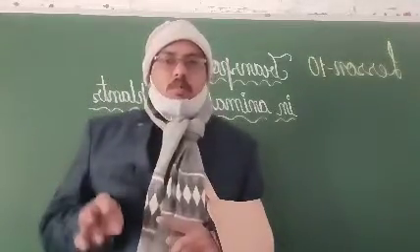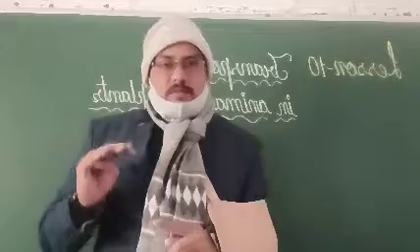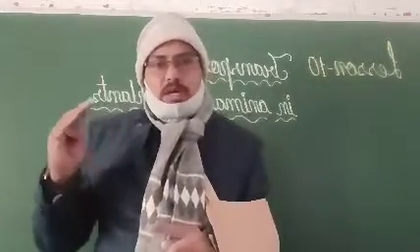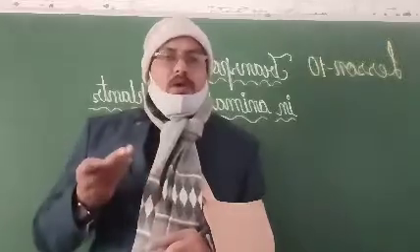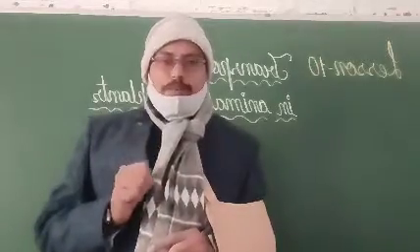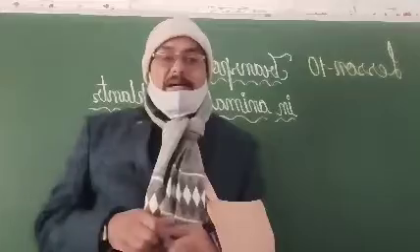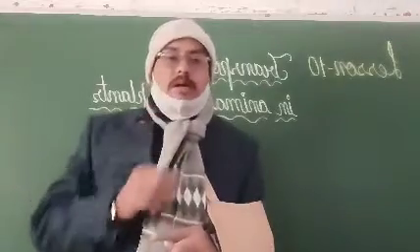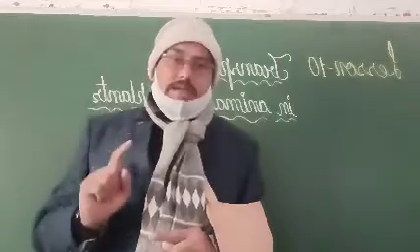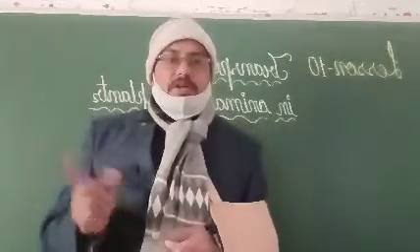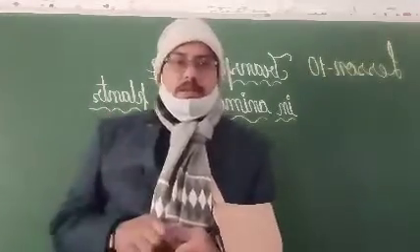O group blood can be given to a person of A group, B group, AB, as well as O. But an O group person can only take O group blood, not any other. He cannot accept any other blood group.